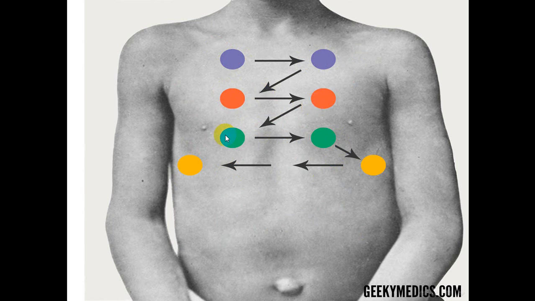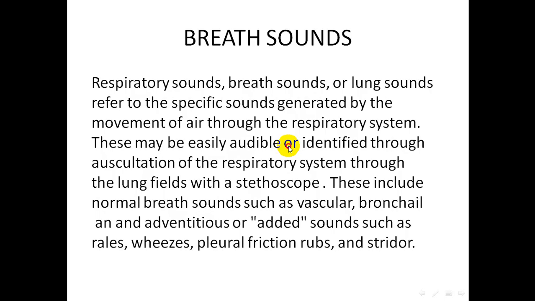Or from the right to the left, down in the left, auscultate this area, compare with this area, down and compare this area, and so on. So we have seen the auscultatory areas and the simple and applied anatomy of the airway passages.